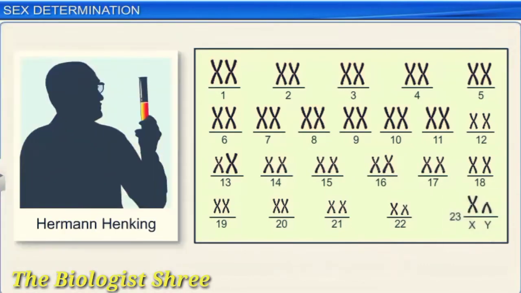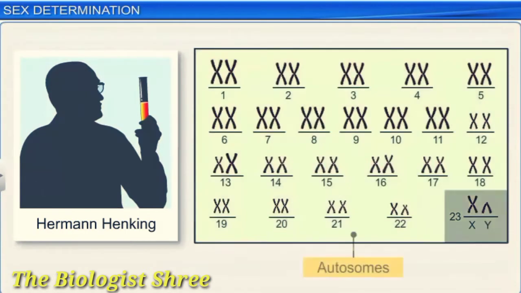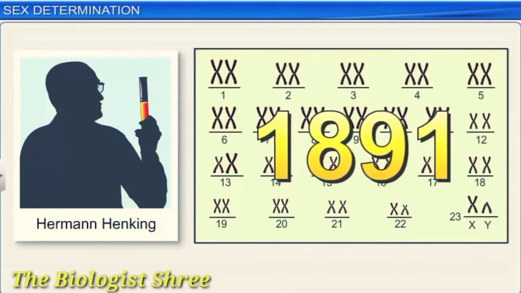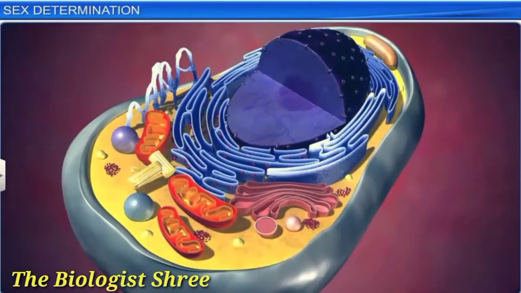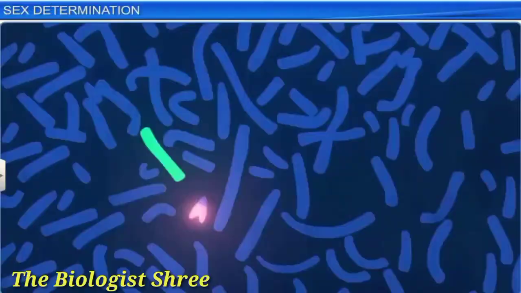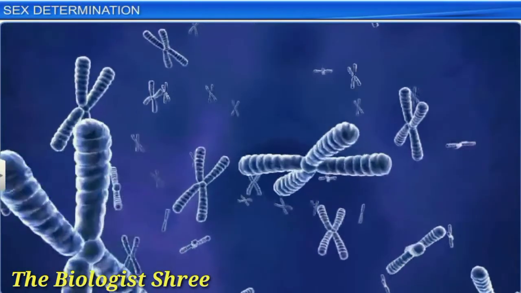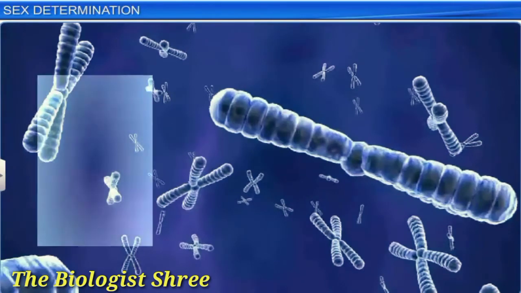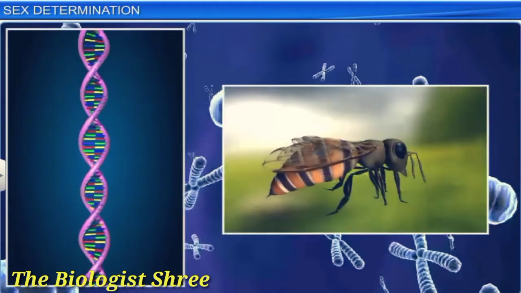The very first indication that sex chromosomes were different from autosomes came from the experiments conducted by German biologist Hermann Henking in 1891. Henking noticed a specific nuclear structure in a few insects during spermatogenesis.